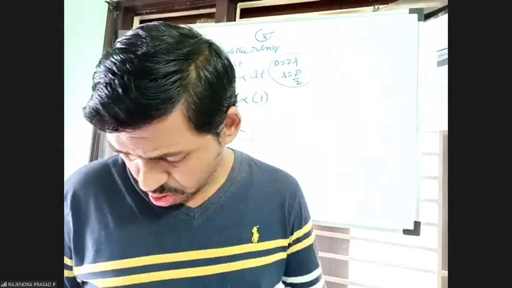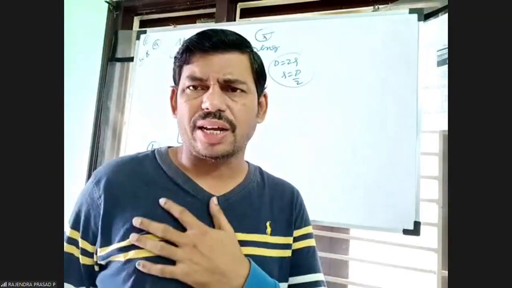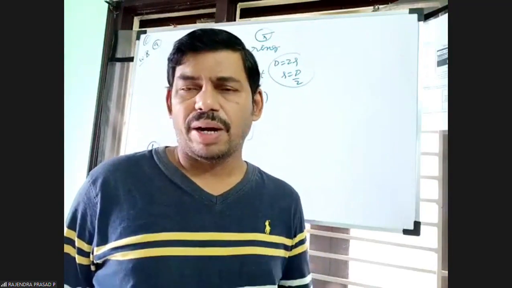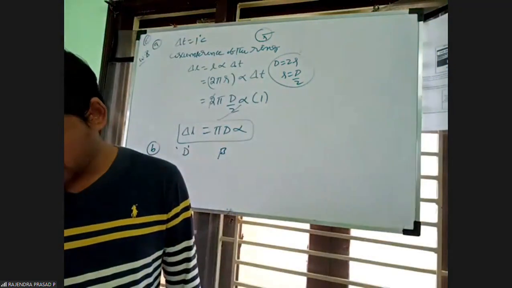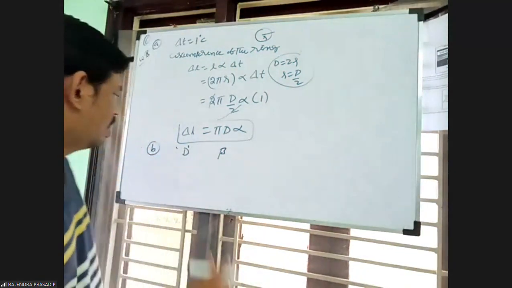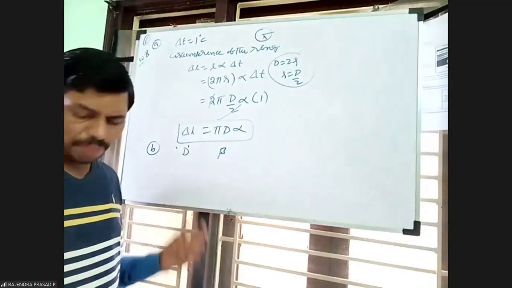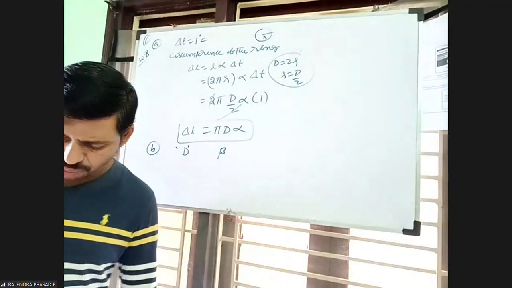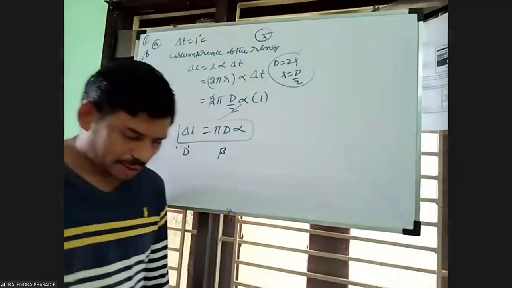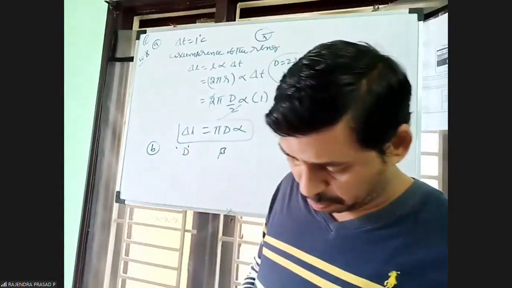So once again from the starting, the second question. The diameter of a metal ring is D, and the coefficient of aerial expansion is beta.